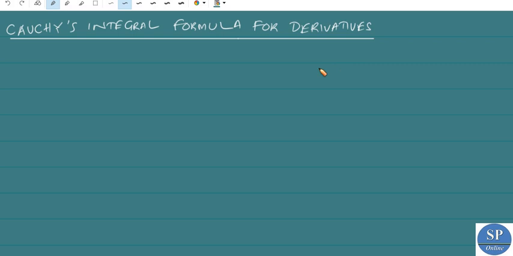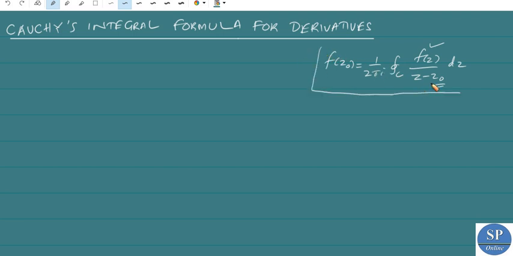It states that f of z0 is equal to 1 by 2 pi i times the integral over C of f of z divided by z minus z0 dz, where f of z is analytic inside and on this simple closed contour C, and z0 is a point inside C. Okay, this is Cauchy's integral formula.